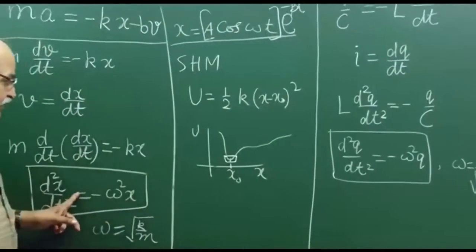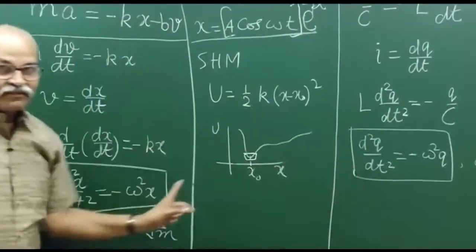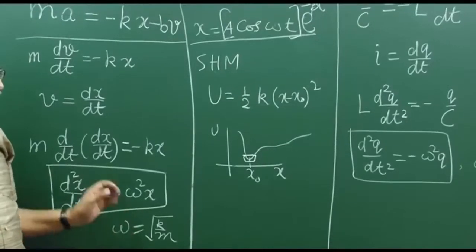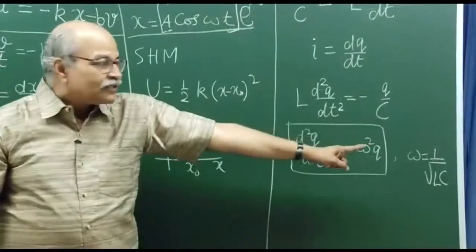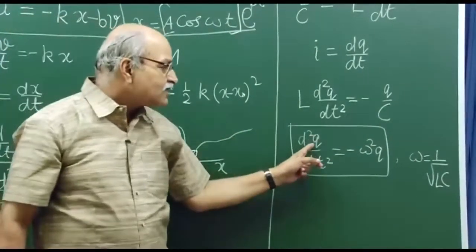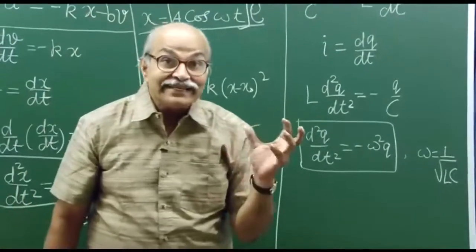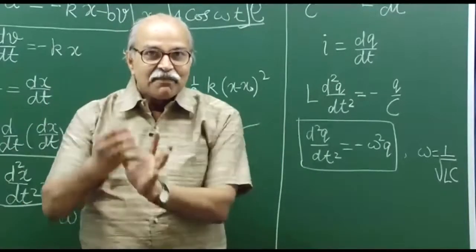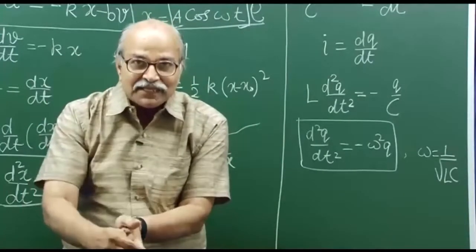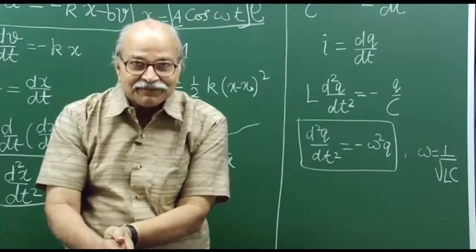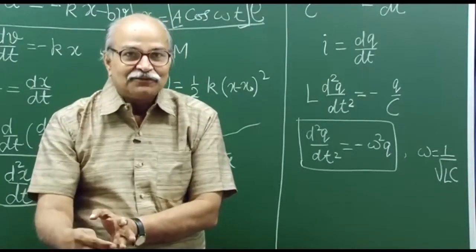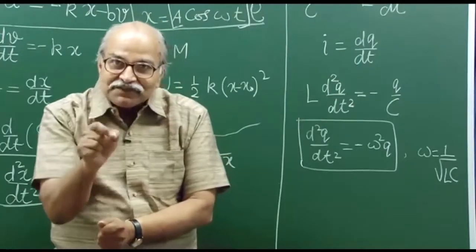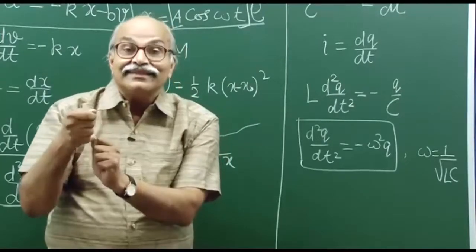Now look at this equation, and look at this equation. They have identical mathematical structure. So the charge will oscillate, not physically. The magnitude of charge on the capacitor plates, plus q on the positive plate and minus q on the negative plate, this q oscillates in time.